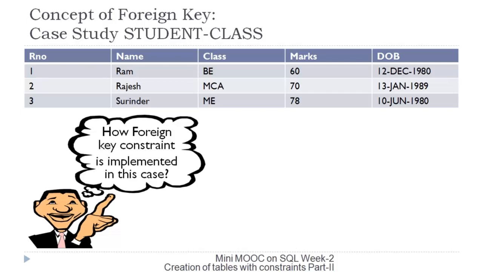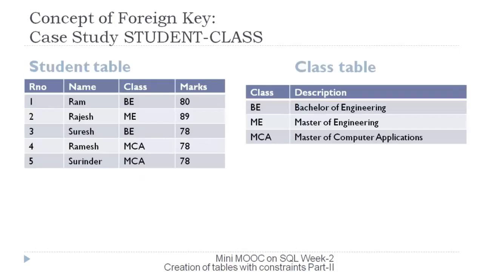Let us implement the concept of foreign key on student database. So we have already learned that we cannot apply check constraint on class column to enforce its integrity. So how we can apply foreign key on class column? For this, we have to create a master table class with column class and class description.